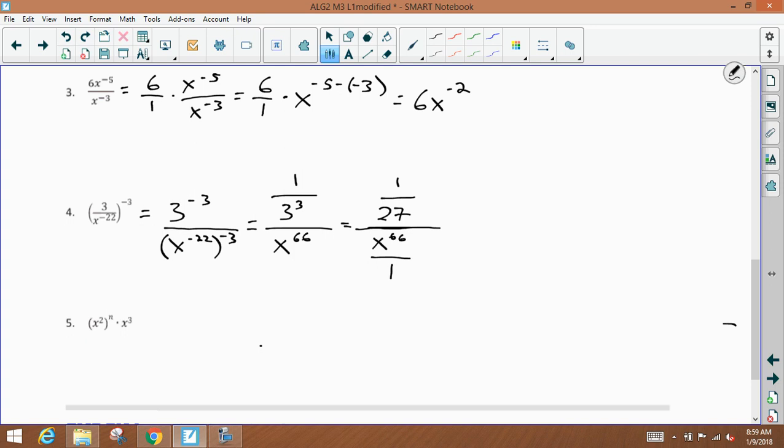So when I flip, I copy this down, I flip this and I multiply it. All right, and it told me, hey, we would rather have negative exponents. So we'll write it.